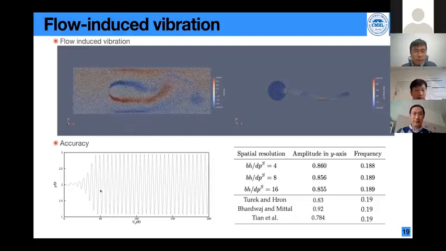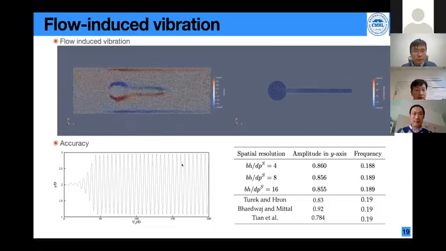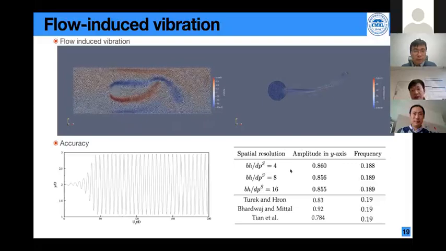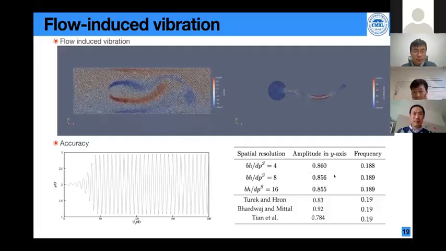So this is the time history of the position of the free end of the beam. As you can see here, after 50 time units, a stable oscillation is reached. And then we have conducted a convergence study by varying the resolution of the structure and also the fluid. As you can see here, as the resolution increases, convergence is reached.